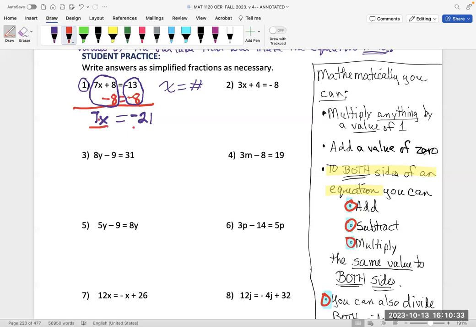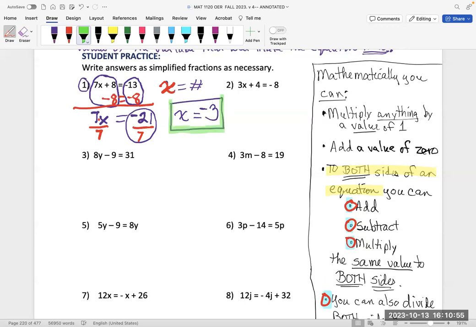Now what's blocking my goal to have x isolated is that multiplication by 7. So I choose to divide both sides by 7, and my final answer, x is negative 21 divided by positive 7. Negative divided by positive is negative, and 21 divided by 7 is 3.